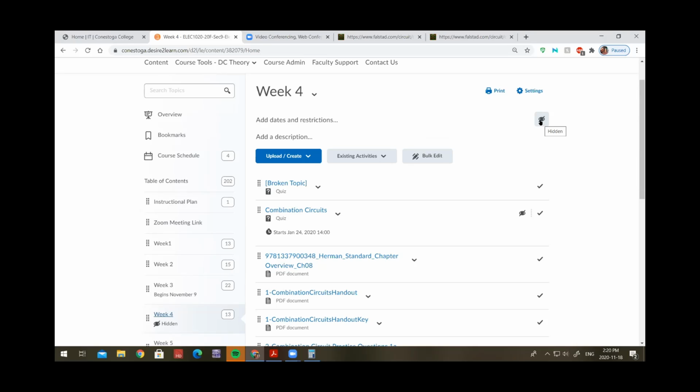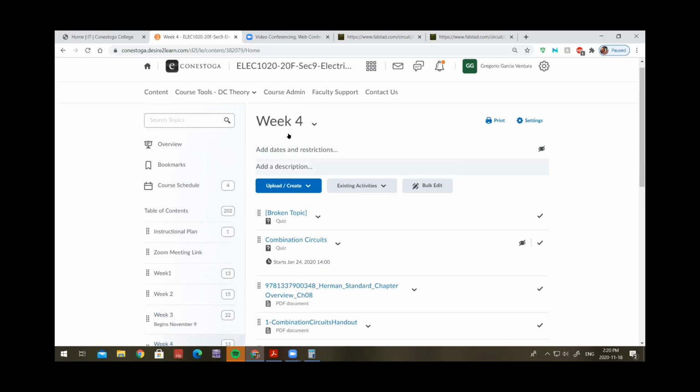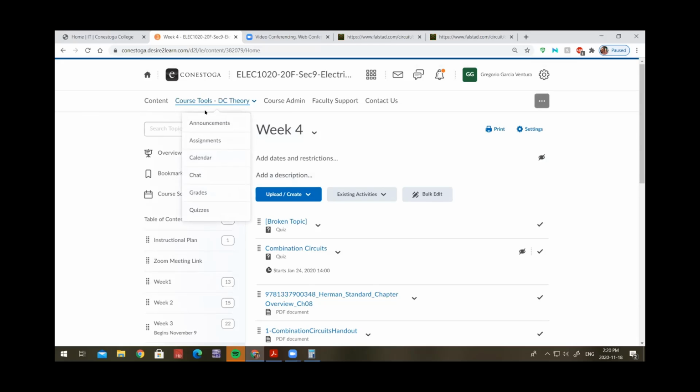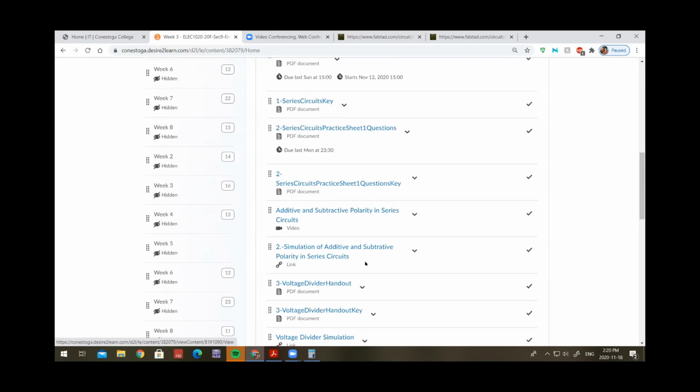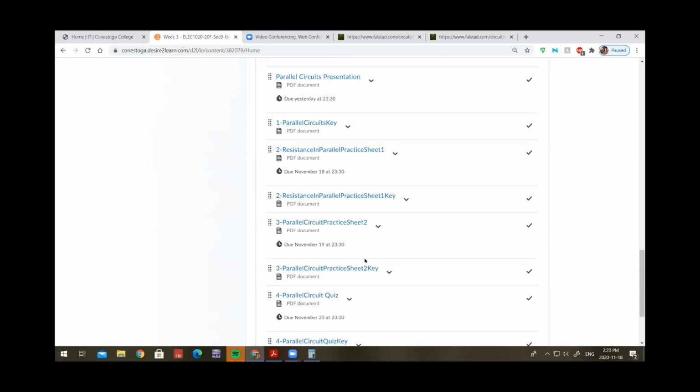I did have one question about the parallel circuits in the handouts. It's about the multiple voltage sources in a parallel circuit. Okay, can you tell me which question it is, please? It's circuit 17 for the parallel practice sheet. Let me check that. Which practice sheet is it?